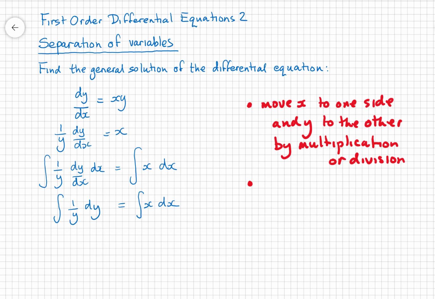It may seem a little unnatural at first, but we treat dy by dx like a fraction, and we split the various elements of that fraction so that we get one side with the y terms and the other with the x terms, and then we integrate both sides.